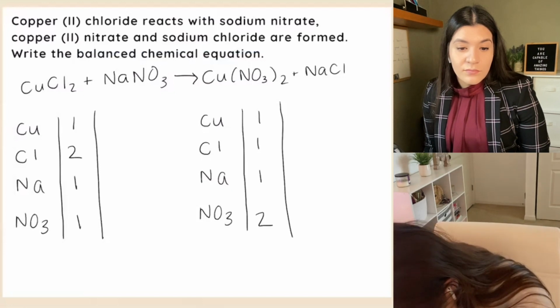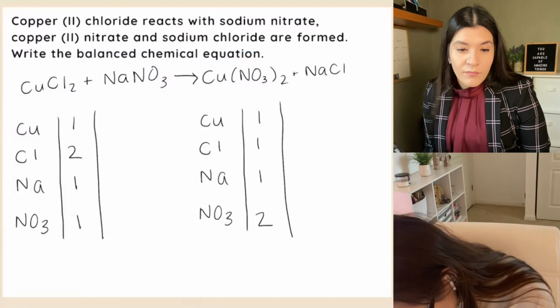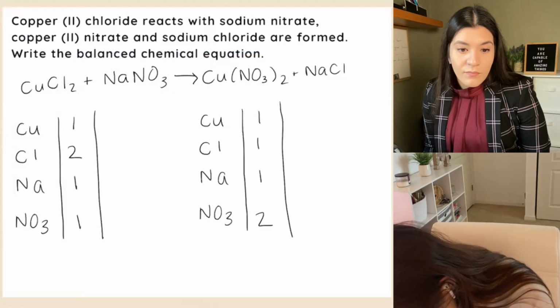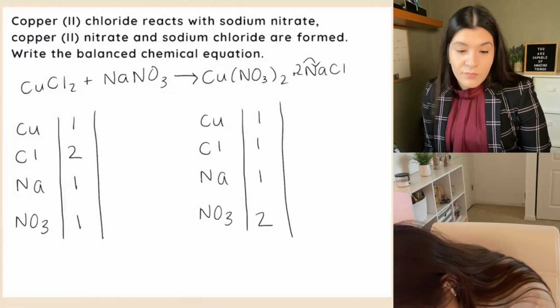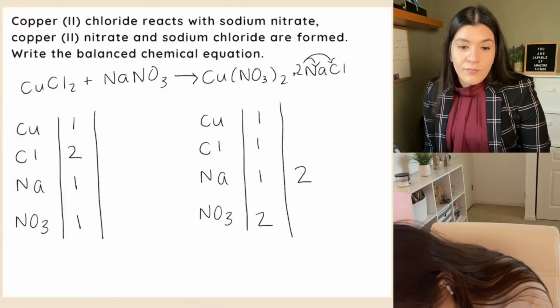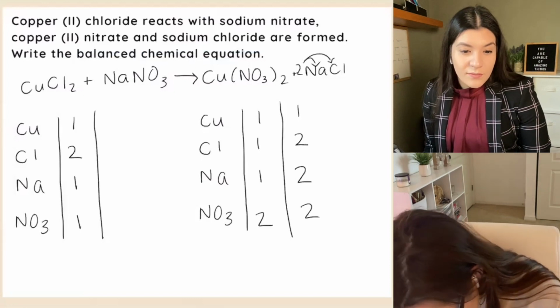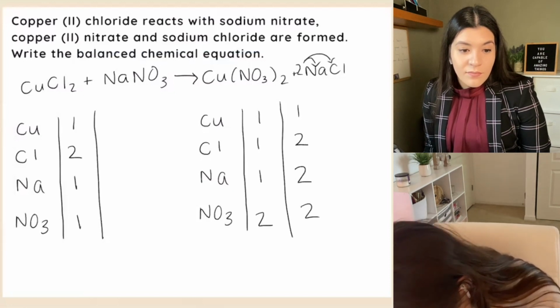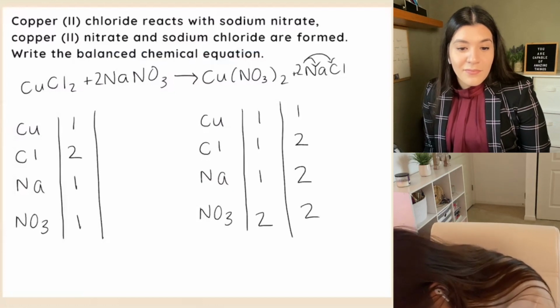For this chlorine, we're going to put a 2 over. Wait, we need to get this to a 2, so we're going to put a 2 here. That makes that a 2, and that a 2, and that stays the same. Perfect. And then over here, sodium, we need to put a 2 in front of that.